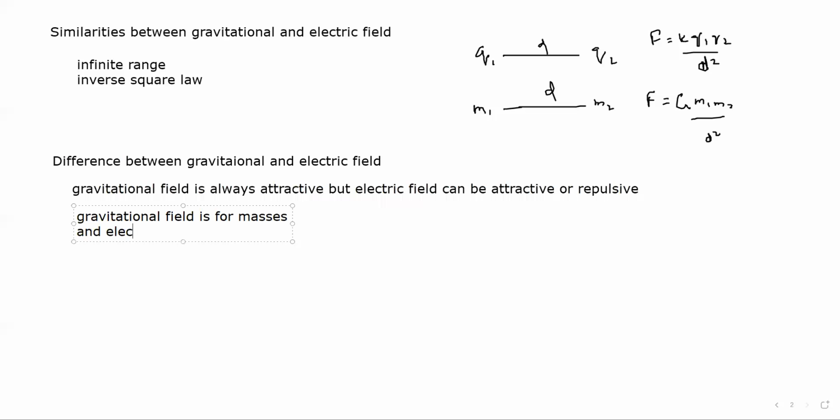And electric is for charges. The electric field can be attractive or repulsive, a point we already discussed. And in an electric field we can shield the object, but in a gravitational field there is no shielding.